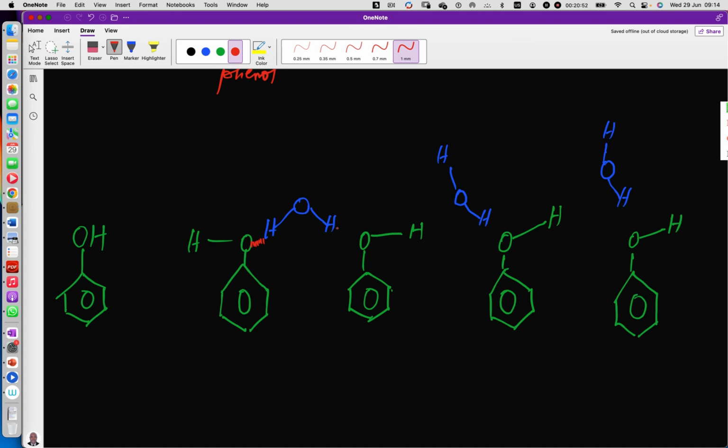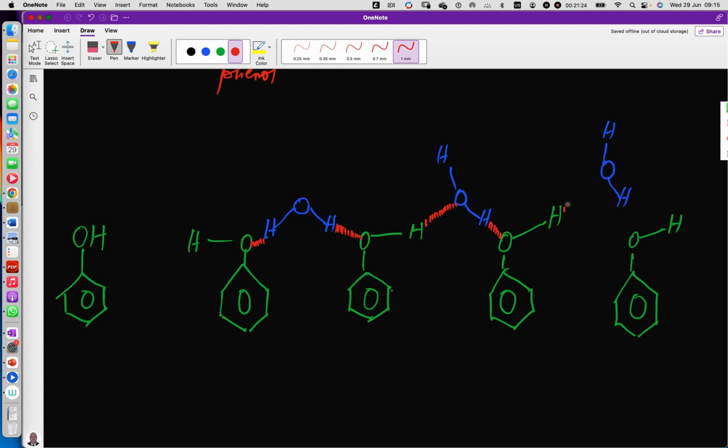They are also formed here between the hydrogen and the lone pair of electrons on this other oxygen.